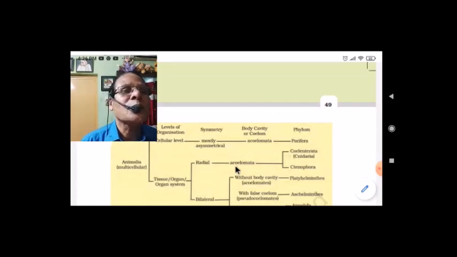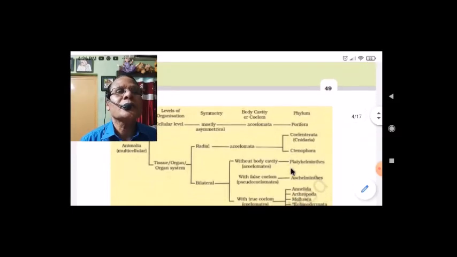That's why they call it Diploblastica, and they do not have any coelom. So you see radial symmetry, acoelomate condition, diploblastic condition, seen in the case of Coelenterata, otherwise called Cnidaria, and another one, Ctenophora.